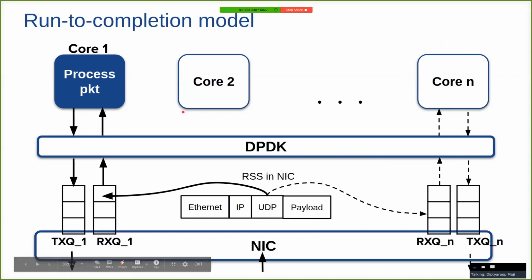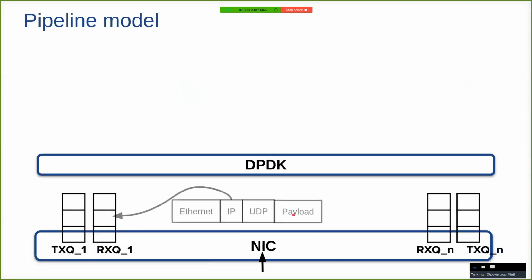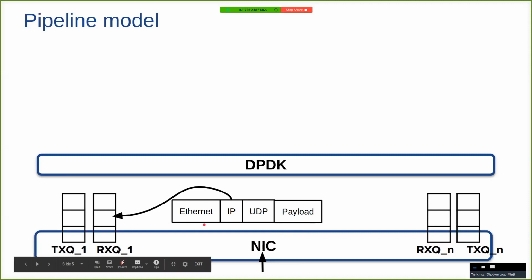Scaling or launching multi-core applications is very easy. We just have to launch the same code across different cores. And the packet distribution is done in the NIC itself via RSS. In the pipeline model, let's say the NIC receives a UDP packet as earlier, so it is then redirected to any one of the RX queues.